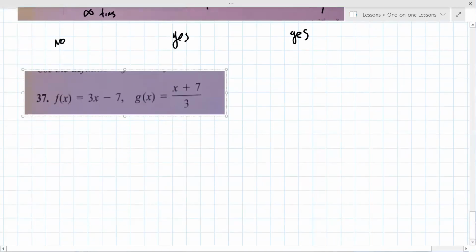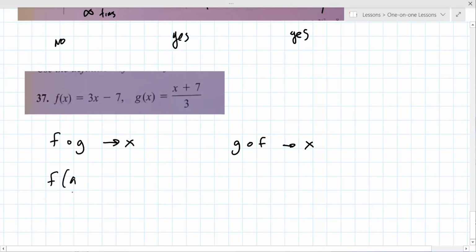So the definition of the inverse means that f bubble g produces x and g bubble f produces x. And if you don't know what the bubble is, that's what we're about to do. It's composition. All right. So for this first one, it's often written like this: f of g of x, which means to take this and put it in for x.